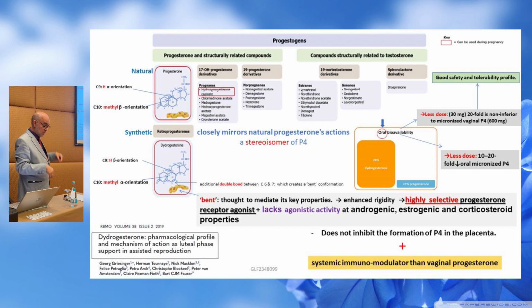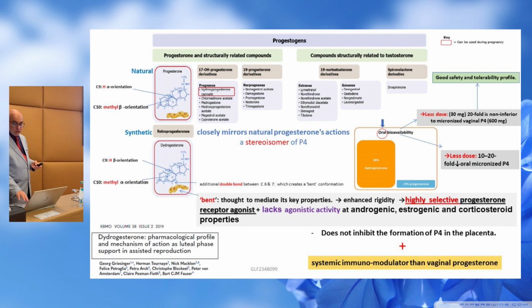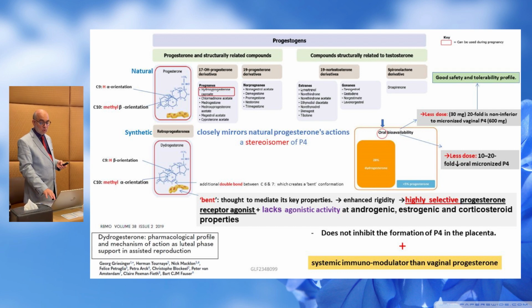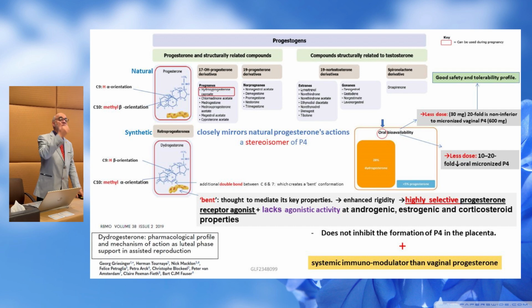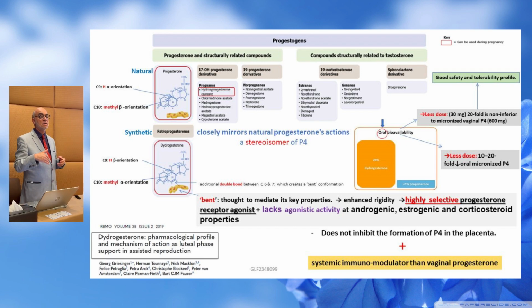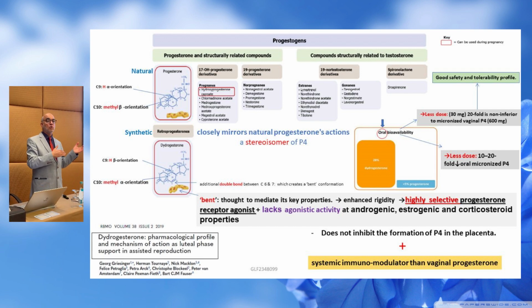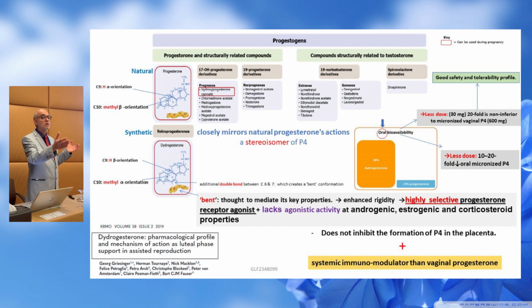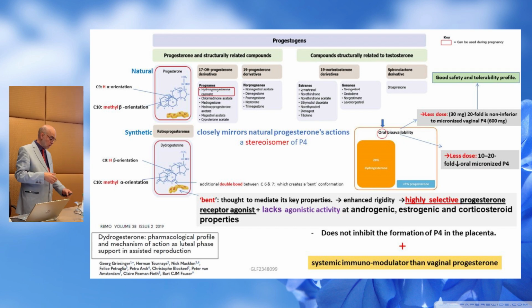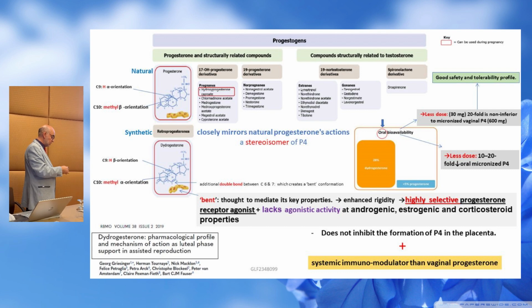So if you look at this slide, you will find the dose of dydrogesterone is 20 times less than the natural progesterone, whether vaginal cream or vaginal gel or pessaries or whatever. So this is the important difference between them. The bend, don't forget, is very important for the high selectivity.